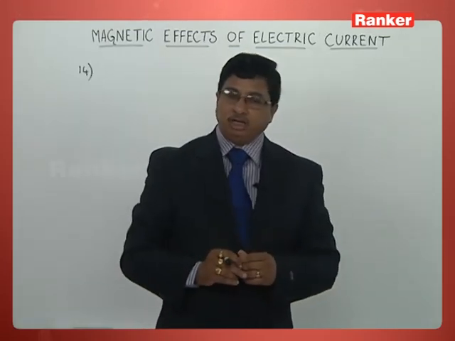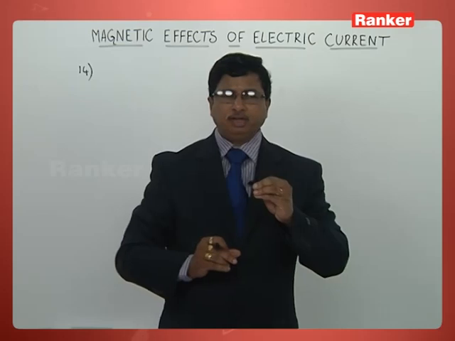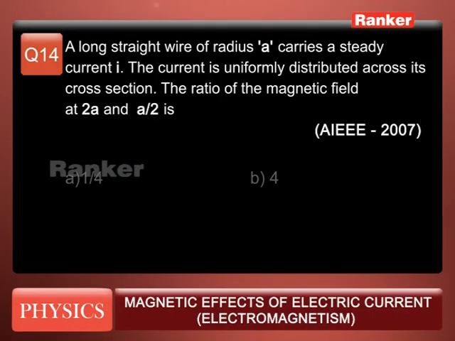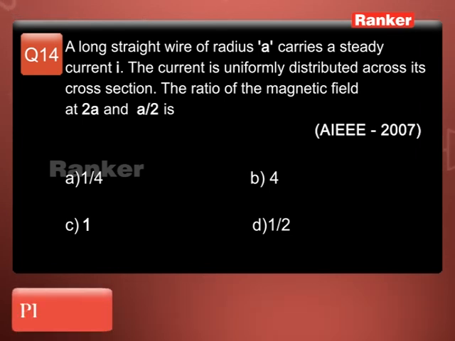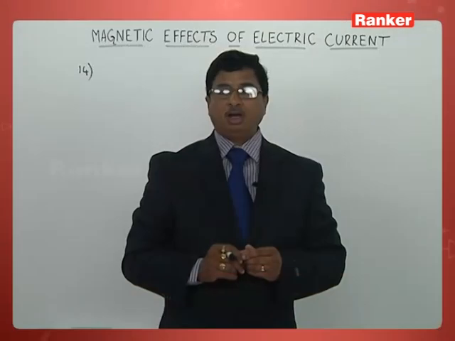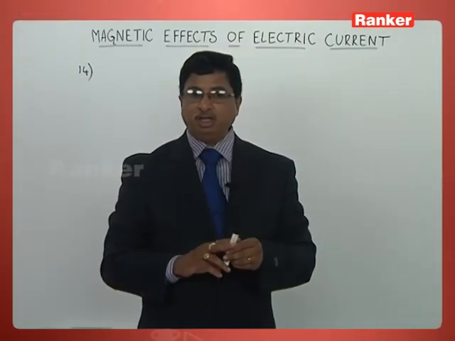Now the next one is one of the excellent models we have, taken once again from the 2007 IIT-JEE paper. This is one of the excellent models they have created. A long straight wire of radius A carries a steady current I. You should understand the point this way.